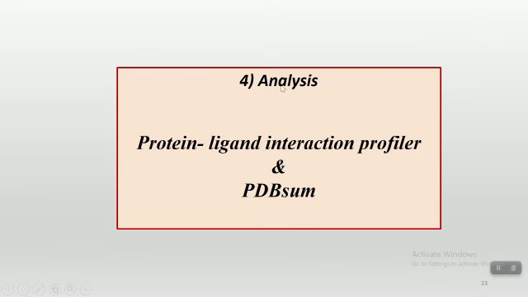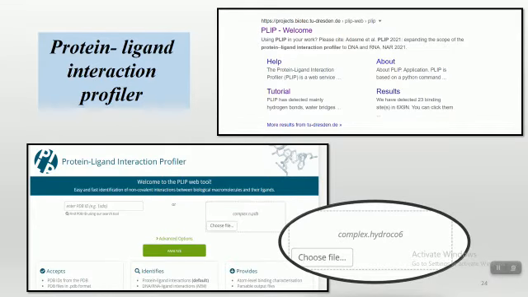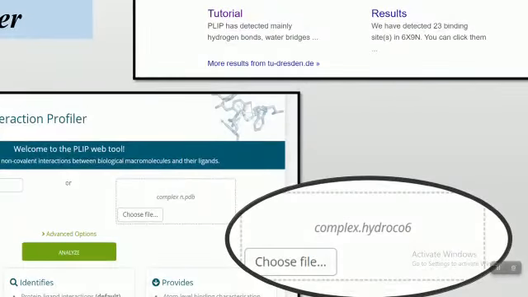It's time for analysis. For analysis, we can use two sites: Protein-Ligand Interaction Profiler and PDBsum. Here we use the Protein-Ligand Interaction Profiler. You should upload your final docking file in this box, and then click on Analysis.